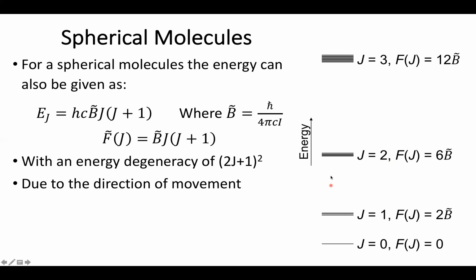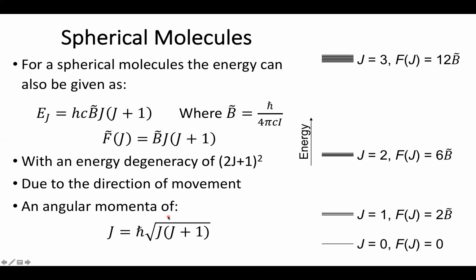And as I go up in energies, I'm going to rapidly increase the possibilities and likelihood of being in an excited state. But again, angular momentum still shows no difference based on whether the molecule is spherical or linear.